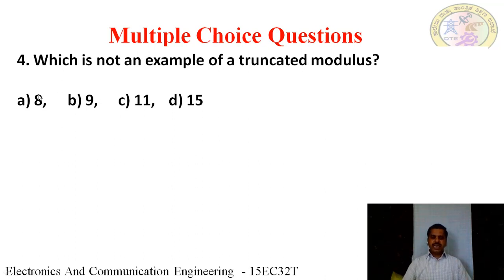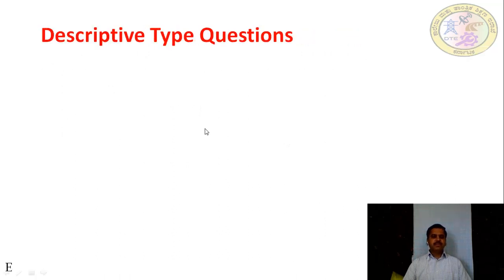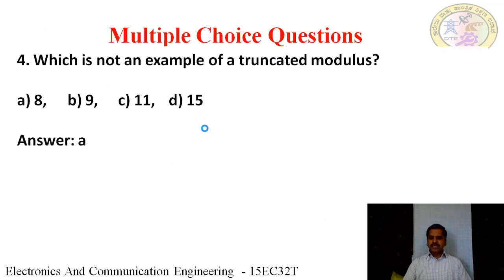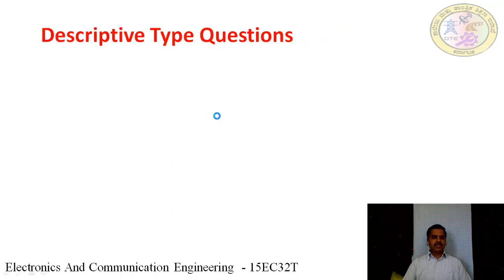Which one is not truncated? It is 8. Why is it so? Because it counts 0 to 2 power 3, and 2 power 3 is equal to 8. Whereas 9 requires 4 flip-flops, 11 also requires 4, and 15 also requires 4 flip-flops.